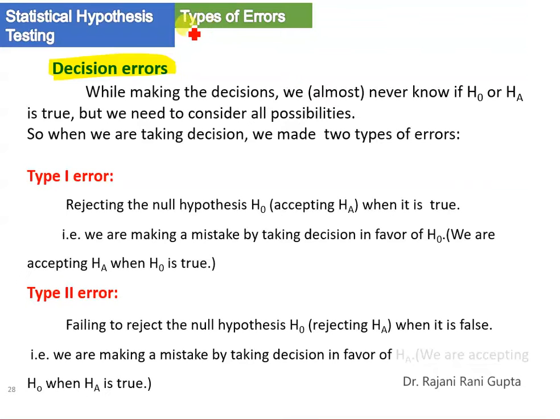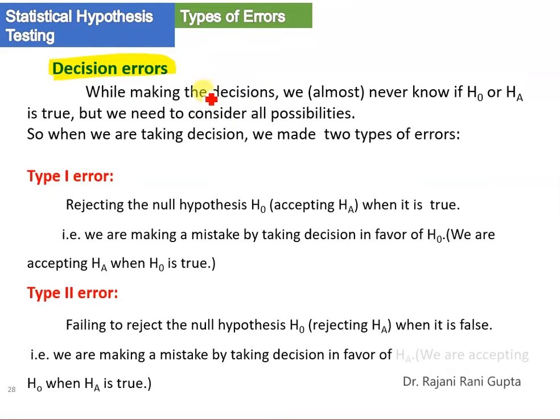So here we are going to discuss what are the different types of errors that come under statistical hypothesis testing when we make certain decisions. Decision errors are the errors which occur while making decisions.